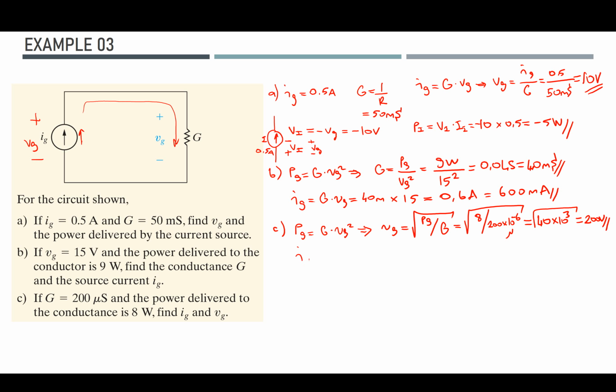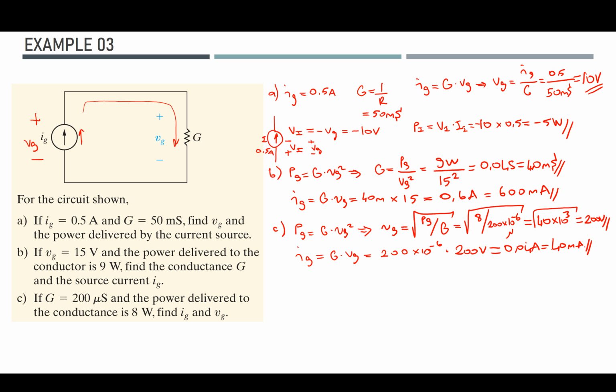and I can still use the same formula I used in part B. Ig equals G times Vg. Since I know that the G is 200 times 10 to the minus 6 times 200 volts, which will give me 0.04 amps, and that equals 40 milliamps.